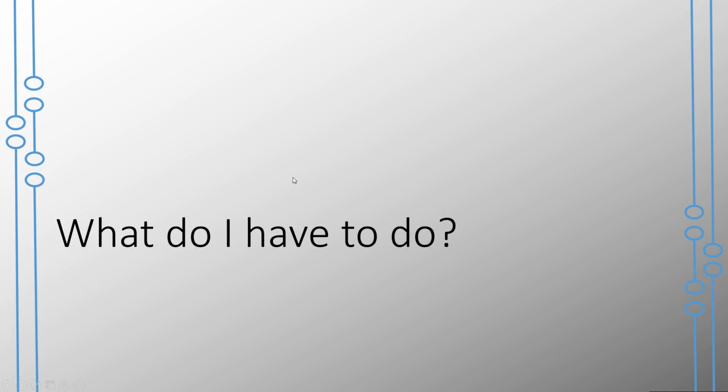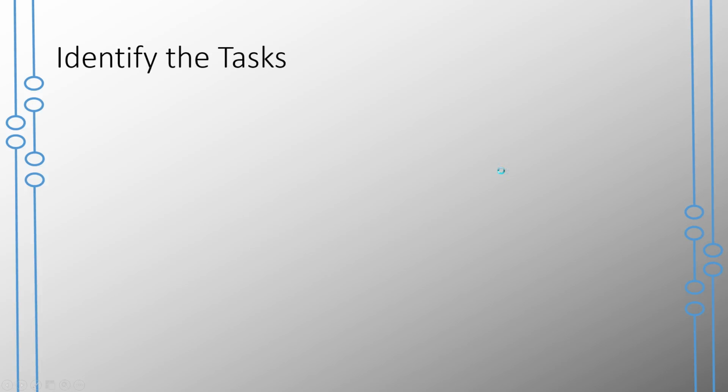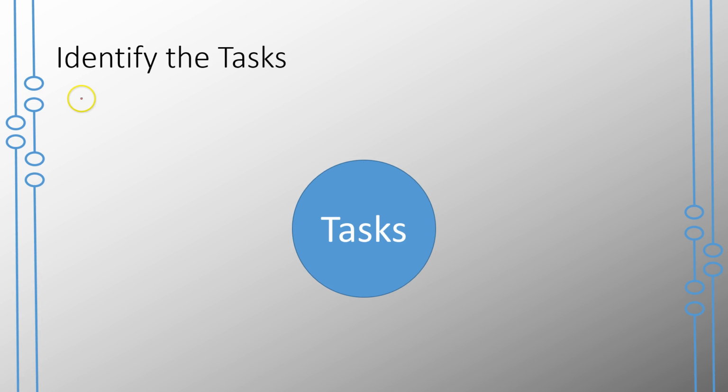So, what do I have to do? Always ask yourself that question at all stages of the project. The first key thing is we need to work out what exactly we need to do. Excuse my writing, because this is a little tablet and my writing is absolutely atrocious. So, first task.